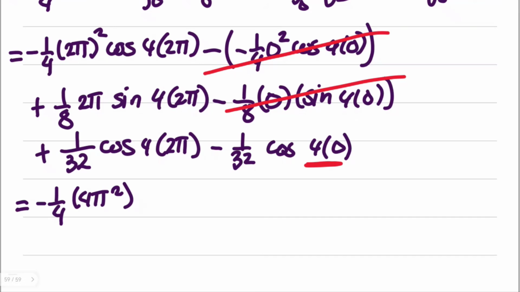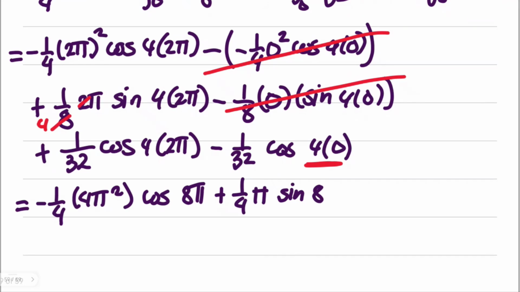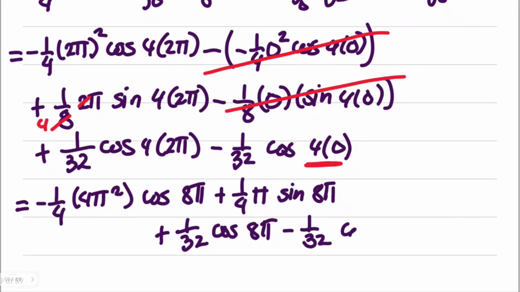Then you have here the cosine of 8 pi. Plus, we have here 1/8, this one here, times 2 is now 1/4 pi, then sine of 8 pi. Then, plus 1 over 32 cosine of 8 pi minus 1 over 32 cosine of 0. Okay?